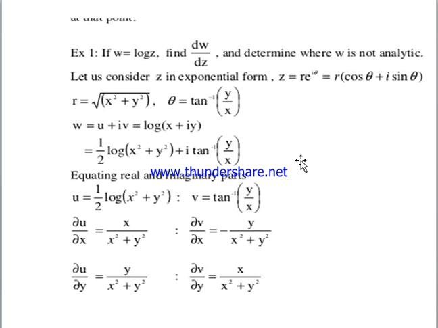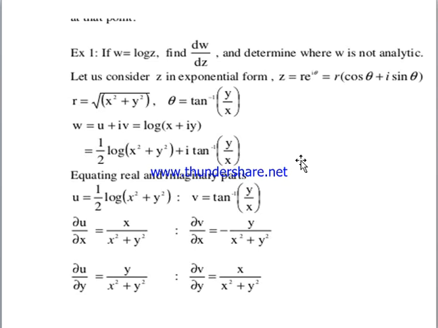For that we have to write u and v separately, that is, write the given function in real and imaginary parts. Since the function is a logarithm, it is not possible to separate it in Cartesian form, so we go through the polar form to separate the real and imaginary parts.